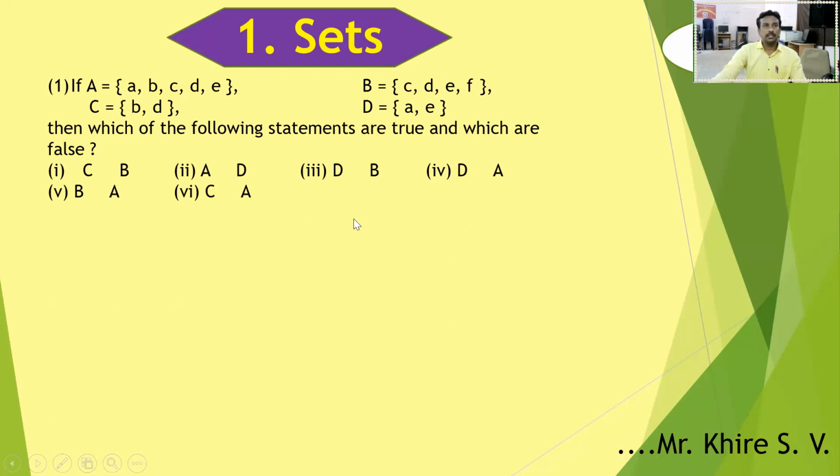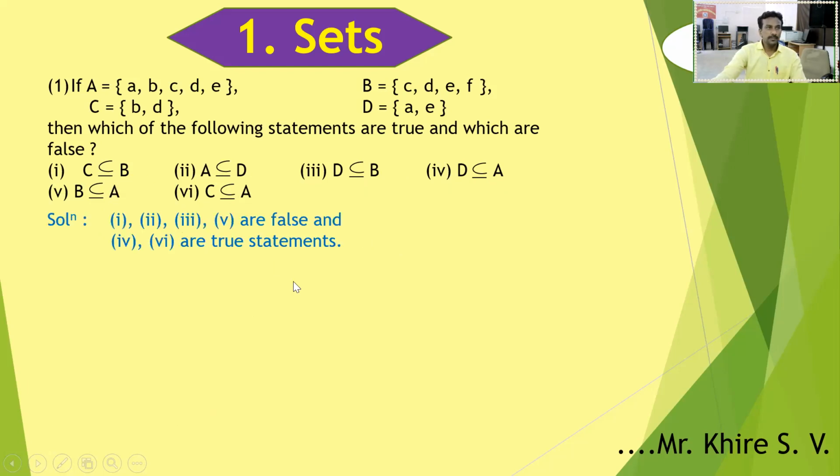Some statements are given below. We have to state which are true and which are false. First is C is a subset of B, A is a subset of D, D is a subset of B, D is a subset of A, B is a subset of A and C is a subset of A. Out of these 6 statements, which are true and which are false?